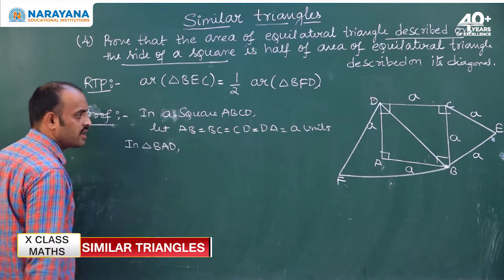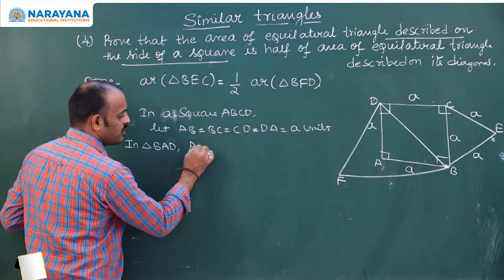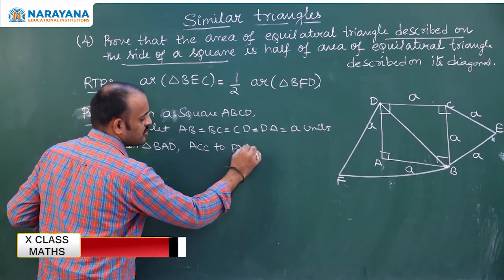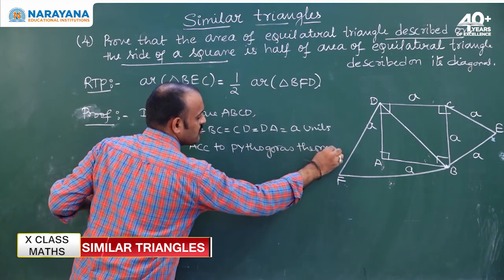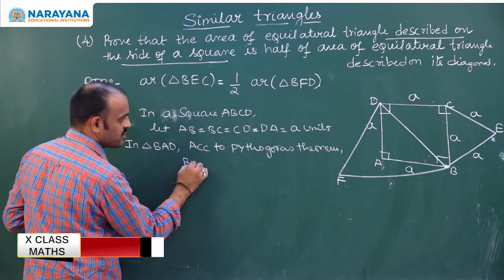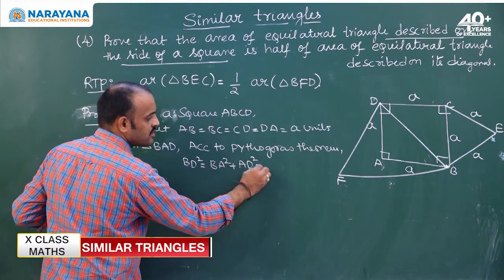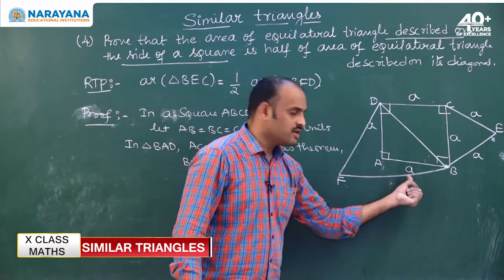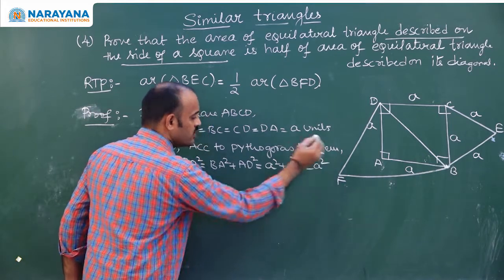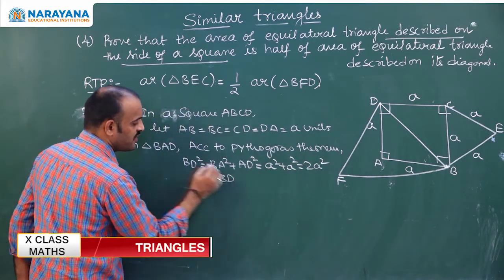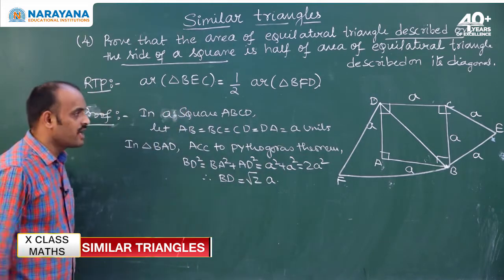In triangle BAD, according to Pythagoras theorem, BD square is equal to BA square plus AD square. What is BA square? A square. What is AD square? A square, which is 2A square. Therefore, if I transpose the square to the other side, BD is equal to root 2 times A.